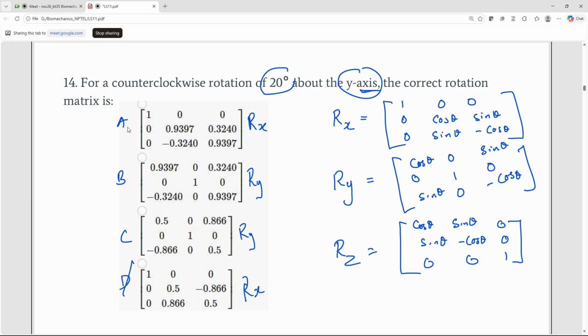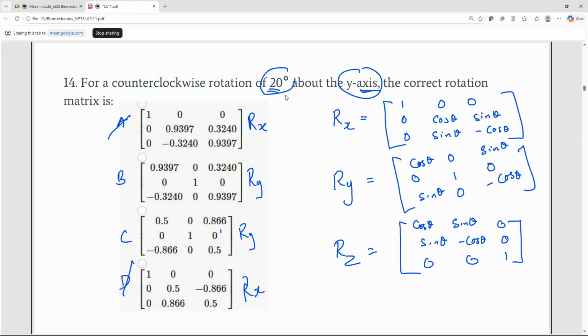So you can just eliminate option A and D, and from these two, how to find. If you don't have a calculator and everything, then things will be pretty difficult. But here also, you can see, this is a non-standard angle.